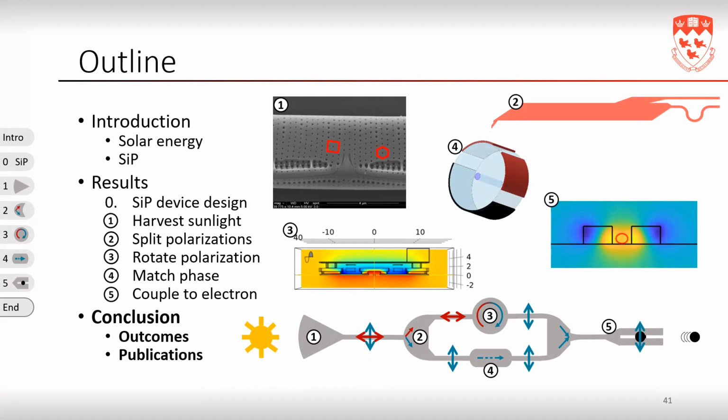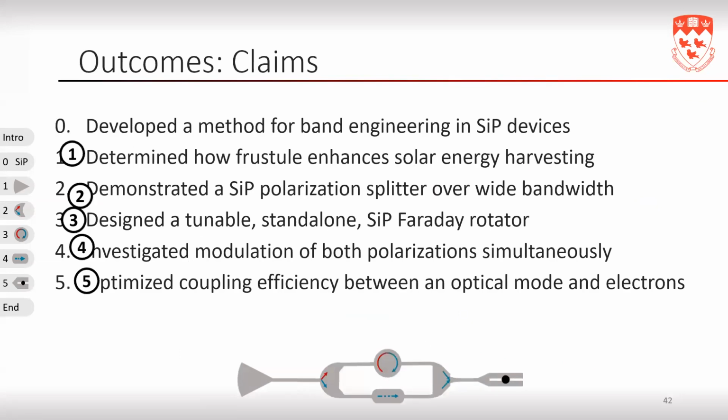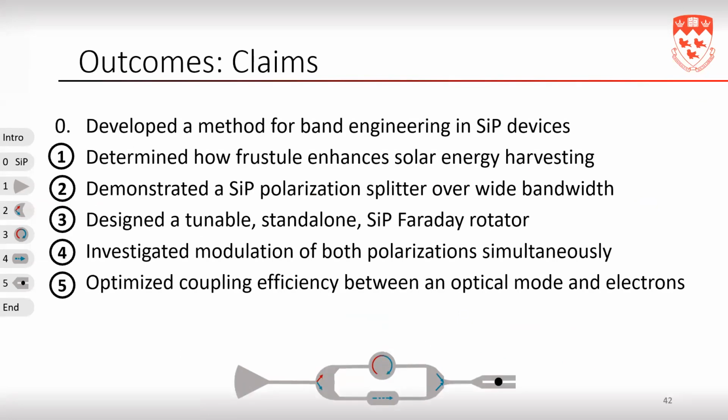The main outcomes of this work were that I developed a method for band engineering in silicon photonic devices, determined how the frustum enhances solar energy harvesting in the cell, demonstrated a silicon photonic polarization splitter over a wide bandwidth and high fabrication tolerance, designed a tunable standalone silicon photonic Faraday rotator, investigated the modulation of both polarizations simultaneously, and optimized the coupling efficiency between an optical mode and free electrons.